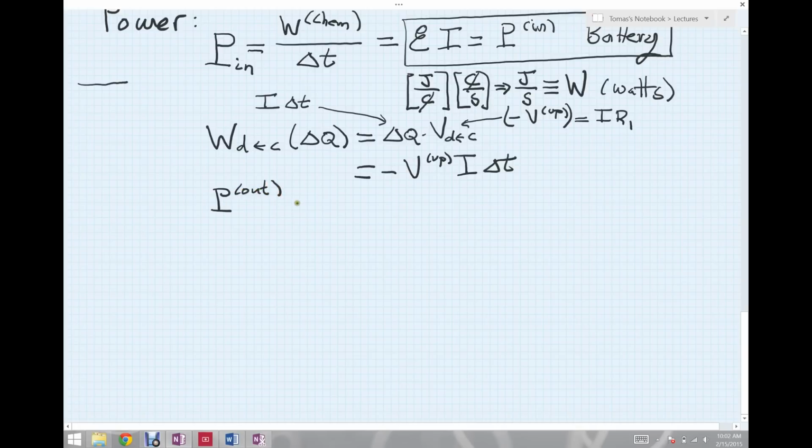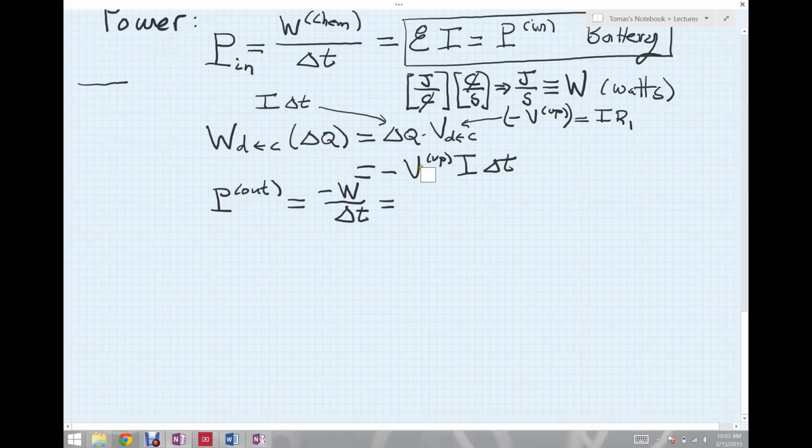And that power out then is going to be minus the work that's being done per unit time delta T. And when I take my formula for the work, I account for the minus sign, right? I want the minus of this work in, which would then be the work out.